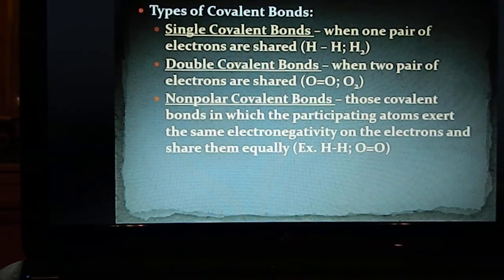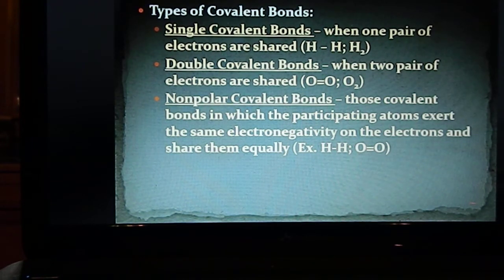You really can't tell if you have H2 whether there's just one or more than one covalent bond, but a lot of times you will see that abbreviated in the structure of a molecule, because it's just so much easier to write than all of the little dashes and things.